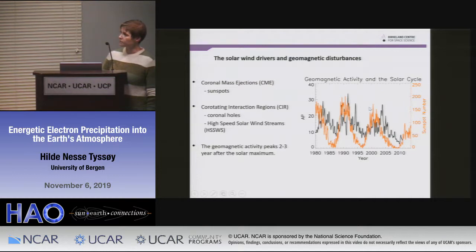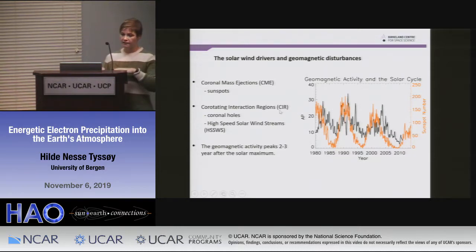Here the red is the sunspot number and the black is the AP. The CME will follow the sunspot number, but we see that the AP has an offset of 2 to 3 years, which relates to it responding to a combination of CME and CIR.